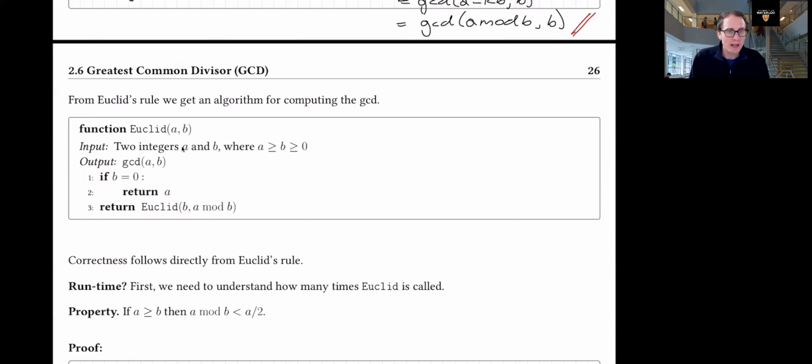And we assume that A is greater than or equal to B is greater than or equal to 0. So the first argument is bigger. So if the second argument hits 0, then we can just return the first argument, because the greatest common divisor of A and 0 is A.